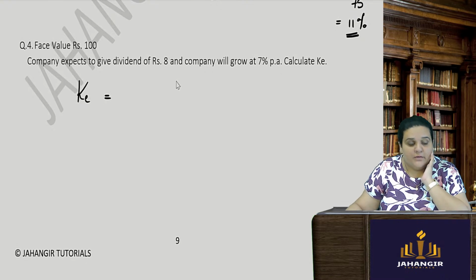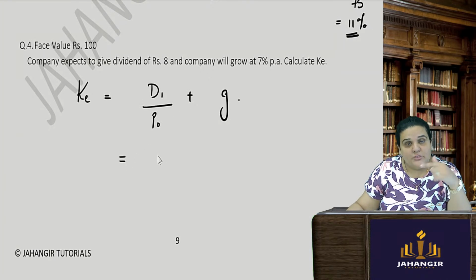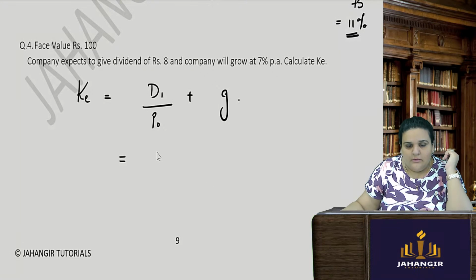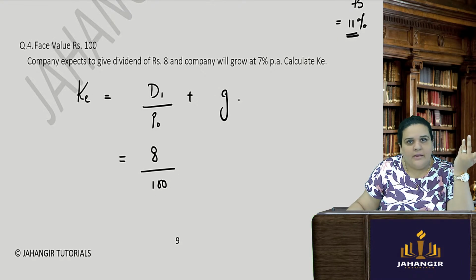They are saying dividend plus growth, so D1 upon P0 plus the growth. Expects to give dividend means it is D1, the dividend of a future year. So 8, face value is 100, I'll take 100. Nothing else is given. Plus 7%.